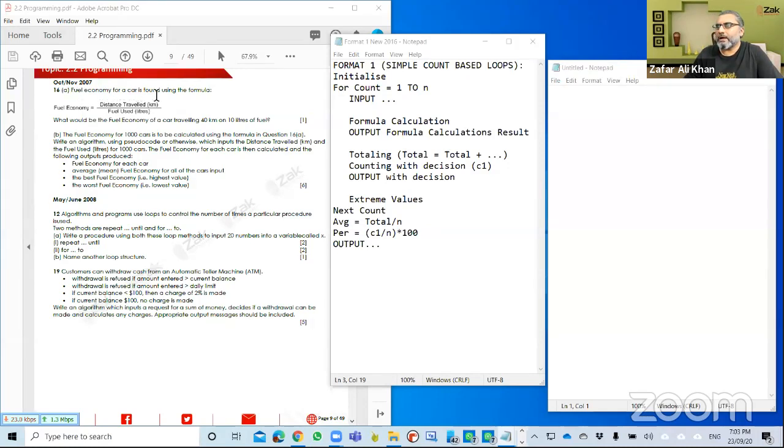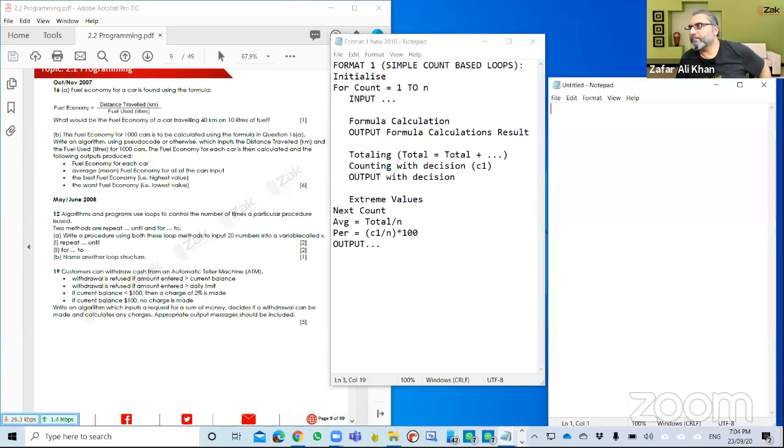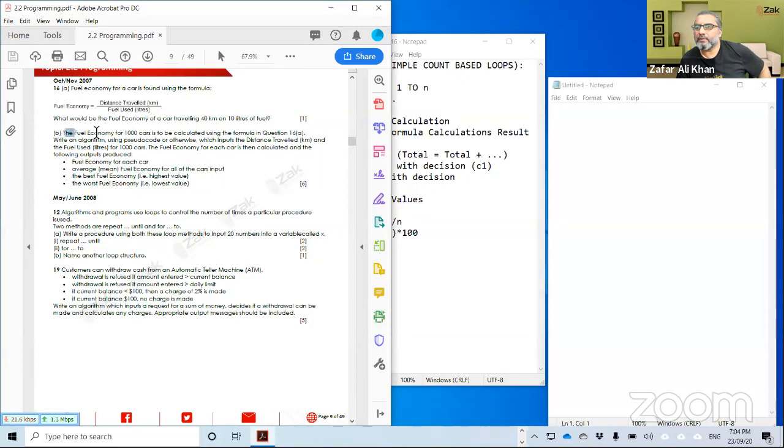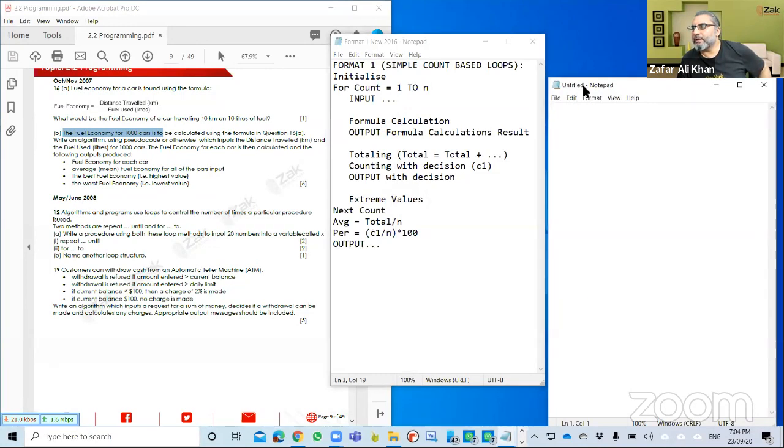Fuel economy for a car is found using the formula: fuel economy is equal to distance traveled and fuel used. What would be the fuel economy for the car traveling 40 kilometers on 10 liters of fuel? Okay, so this is 40 divided by 10, that is 4. Now the actual question is the fuel economy for 1000 cars.